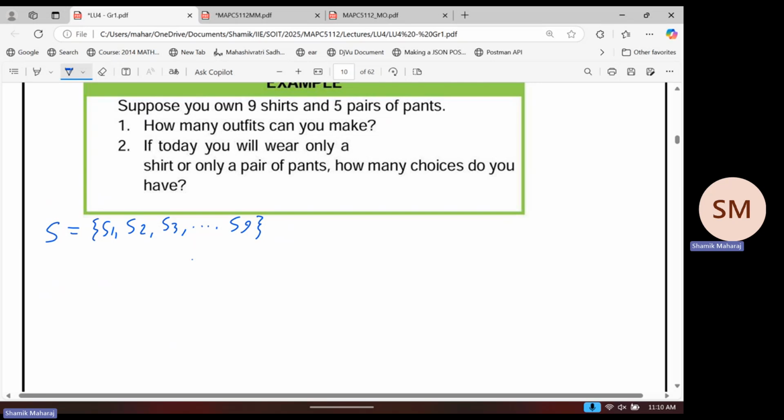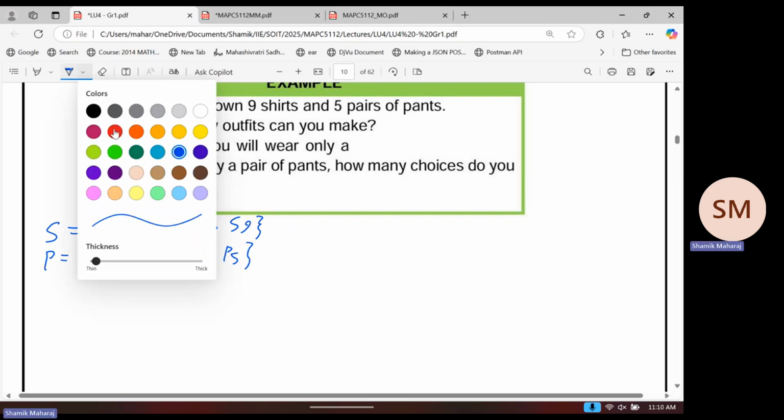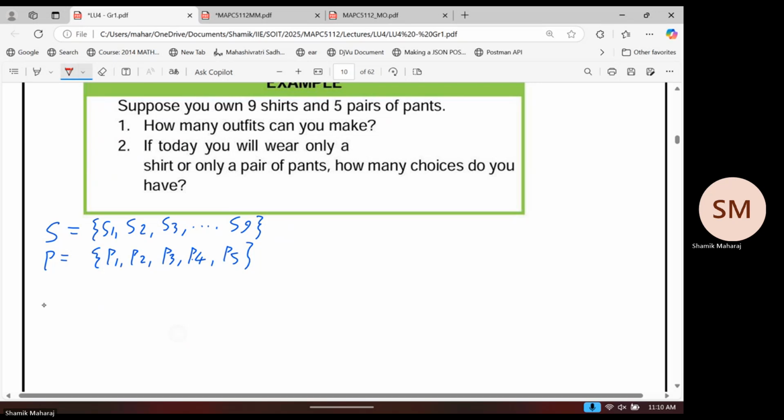And a set for the pants, we'll just call it P, which goes from P1 all the way up until P5. So question 1 was, how many outfits can you make? I think this one is a bit of a longer one, but that's okay. How many outfits can we make?